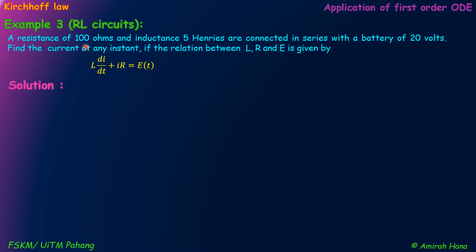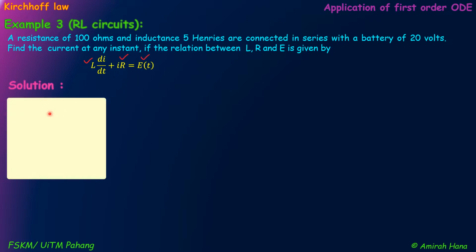To solve this question, first we extract the given information, which is L, R, and E(t). From the given question, a resistance of 100 ohms, this is R, so we can put the value of R equals 100 ohms.